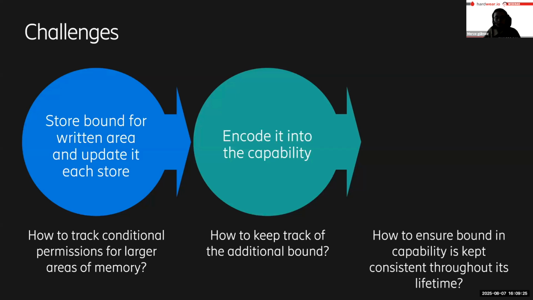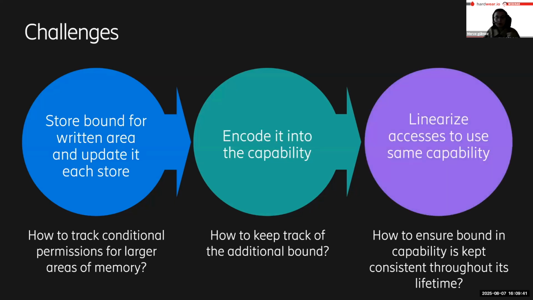The second challenge is, let me explain this way. With operation bound, we essentially introduce some state to the conditional capability. But what happens if you have multiple capabilities pointing to the same memory area?